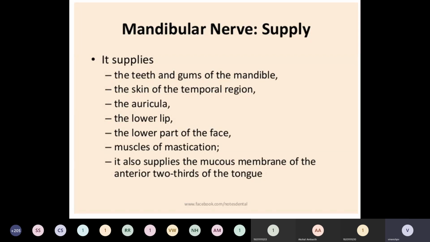Auriculotemporal nerve as a short answer. Otic ganglion as a 5-marker question.